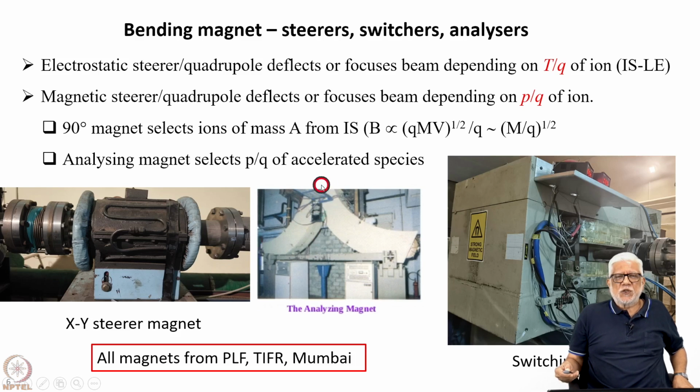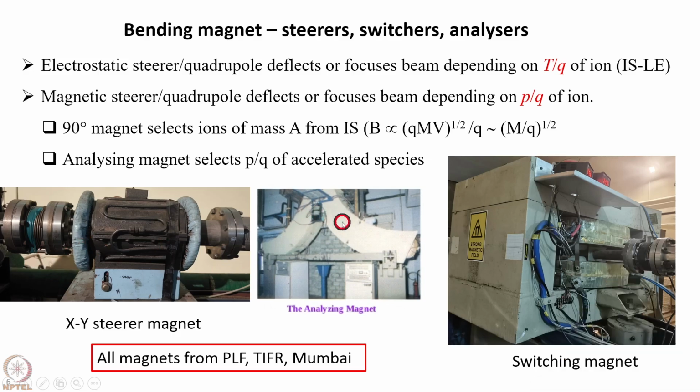There is a switcher above this, a 20-degree switcher, which switches it to this part or to that part. This part goes to an old beam hall called the cascade hall, and this part goes to the new hall where you have the Linac boosters. So of course, this is particular to the machine that we have at the TIFR Mumbai facility. This is the picture of the switching magnet there.